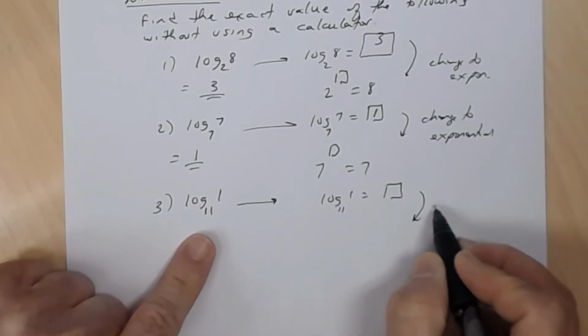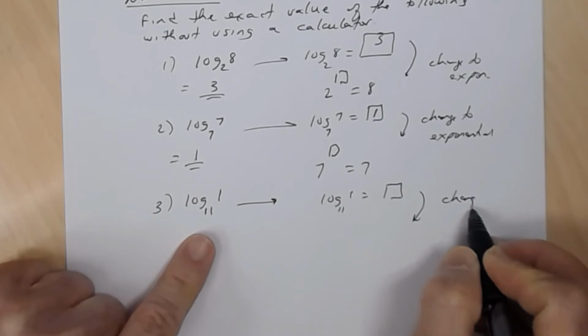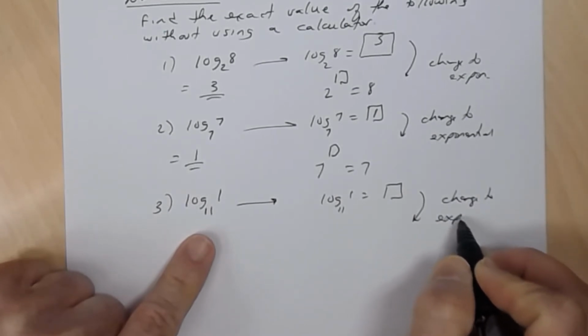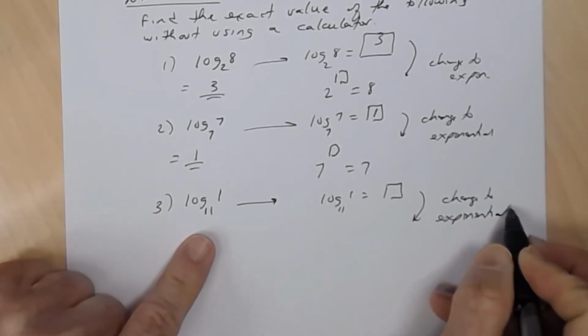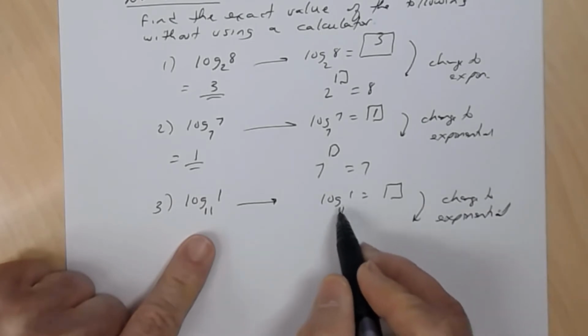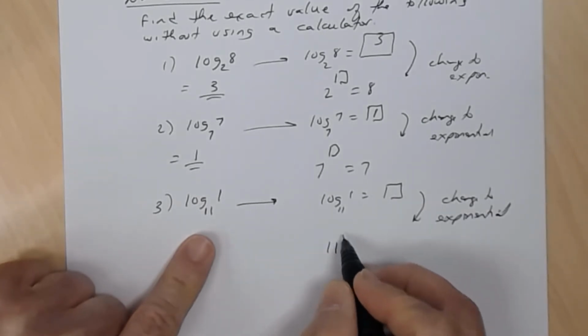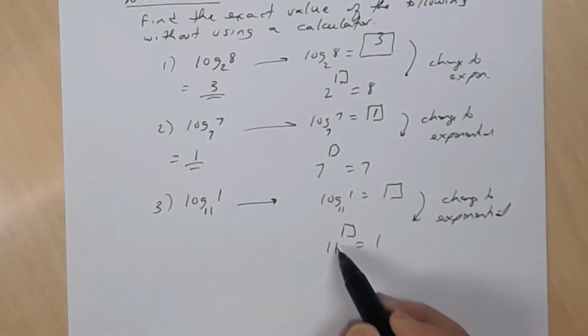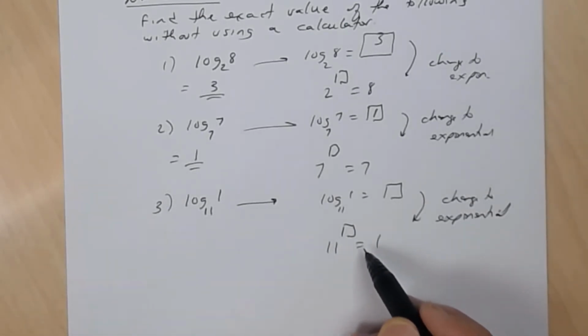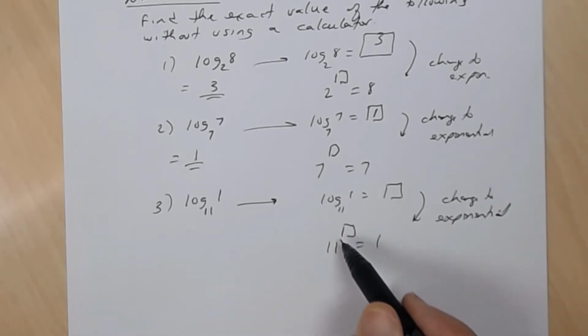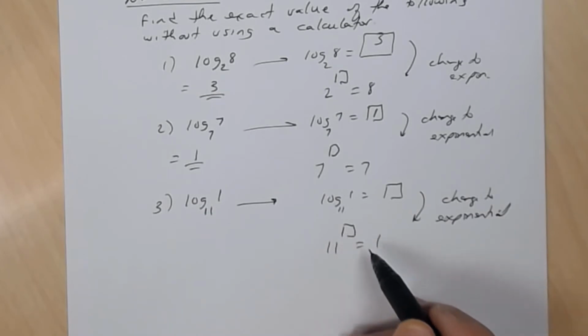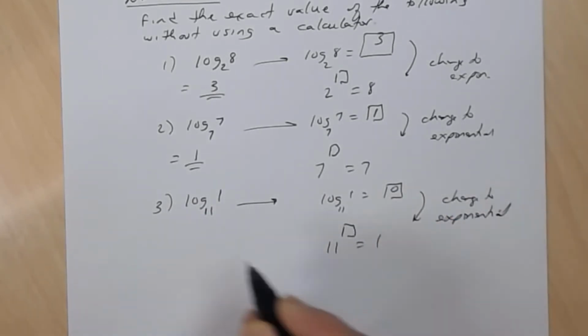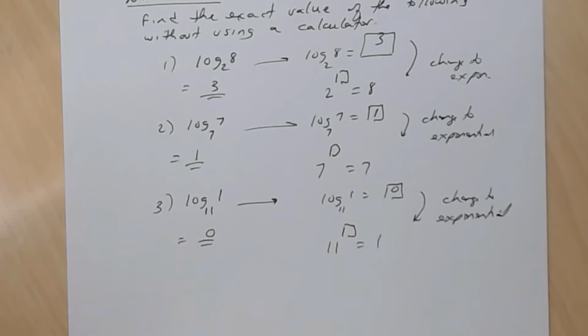Now let's change this to an exponential equation. So I'm going to say 11 to the box equals 1. Now you've got to remember some things. 11 to what power is 1? Remember from previous courses, we even had it in this course, 11 to the 0 power is 1. So the answer is 0.